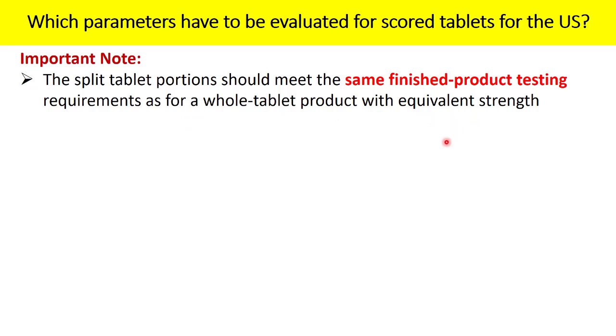That means if you have set a specification for a whole, unsplit tablet, the same specification must also be applicable to the split portion of the tablet. So there will be no difference in the specification for the split portion of the tablet. This is the first important point you must note.